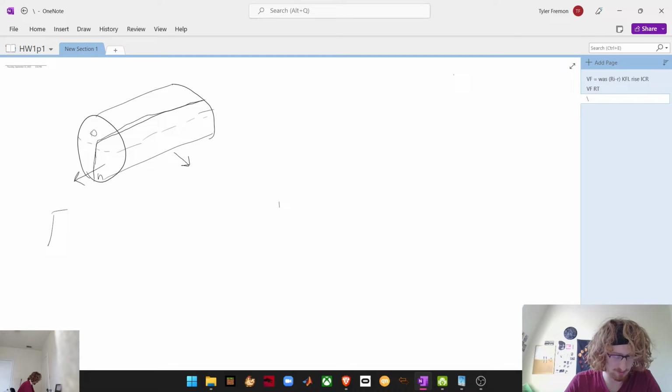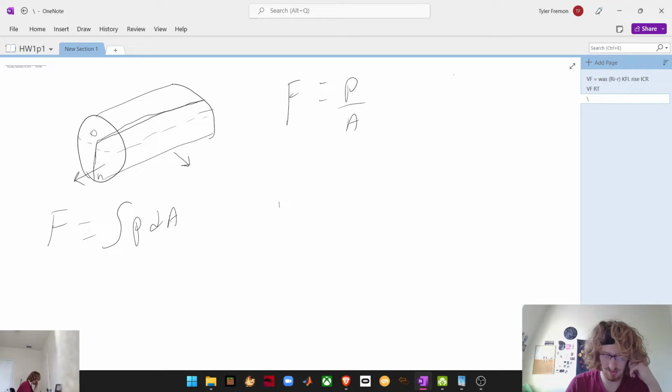So the way that we can express the total force exerted on the side is, we know that pressure equals force divided by area.